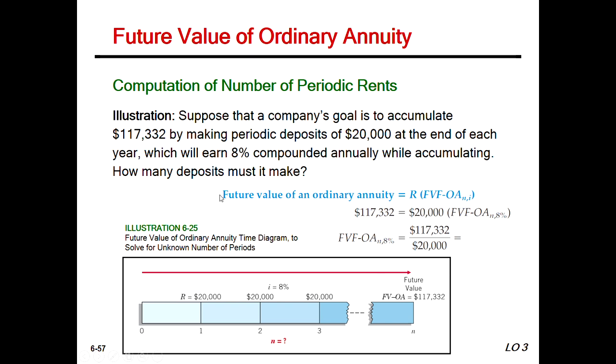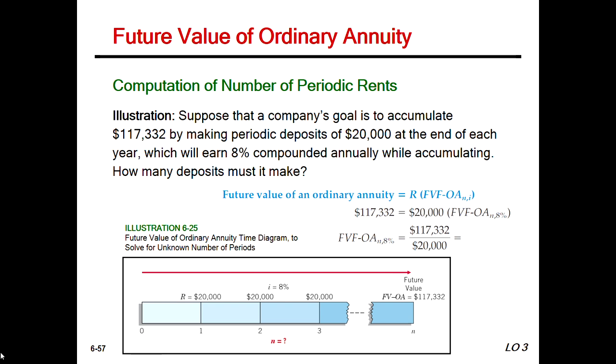All right, so again, we've got 117,332 and 20,000 are our rents and 8%. But we don't know how many rents to make. So here's our equation, and we're just solving for this factor. We're going to divide the 117,332 by the 20,000 and solve that with algebra.